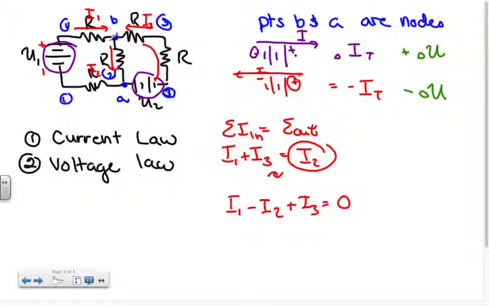If I was to set up the voltage law for this particular example, I start with the source of potential difference for each loop. I can call this loop 1, I can call that loop 2. As long as I form a closed path, it forms a loop. There are actually 3 loops in this problem, but we ignore the third one, which is the entire thing, because it's a redundant statement.